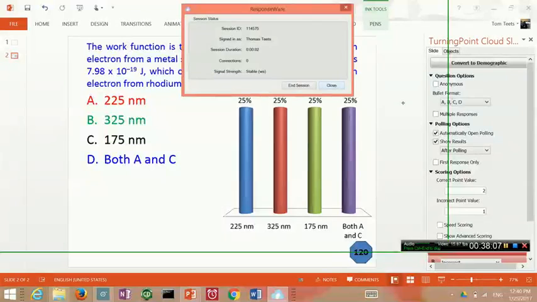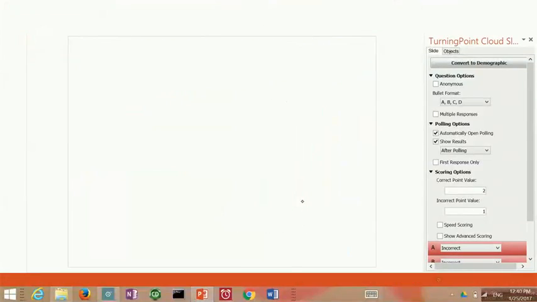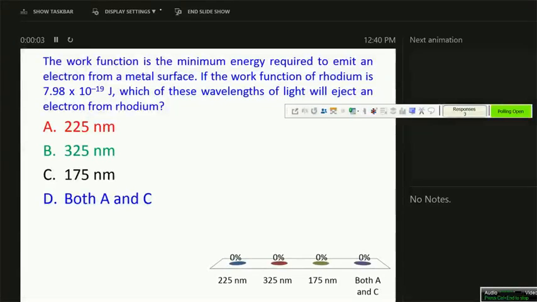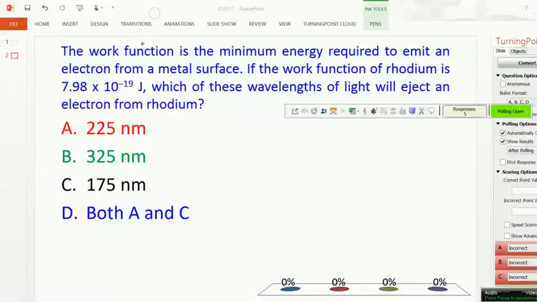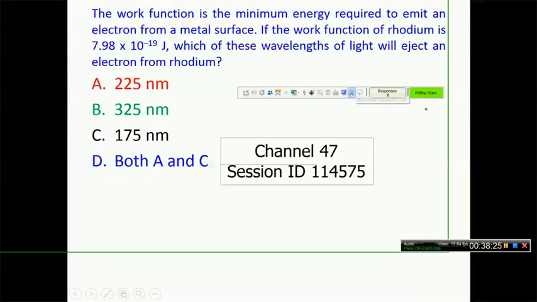Alright, so channel is 47 if you have the regular clicker, and if you're using your phone you will also need the session ID, which is there. Okay? So if you're using your phone to do this, that's the session ID I think you have to enter in some fashion to prove that you're here.